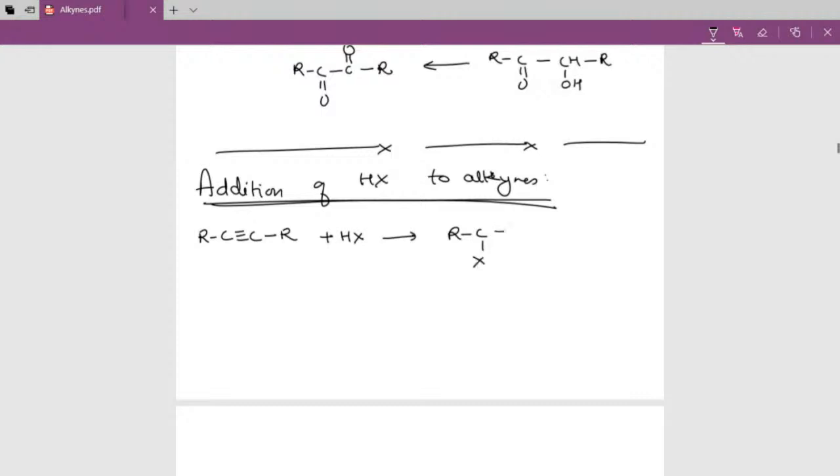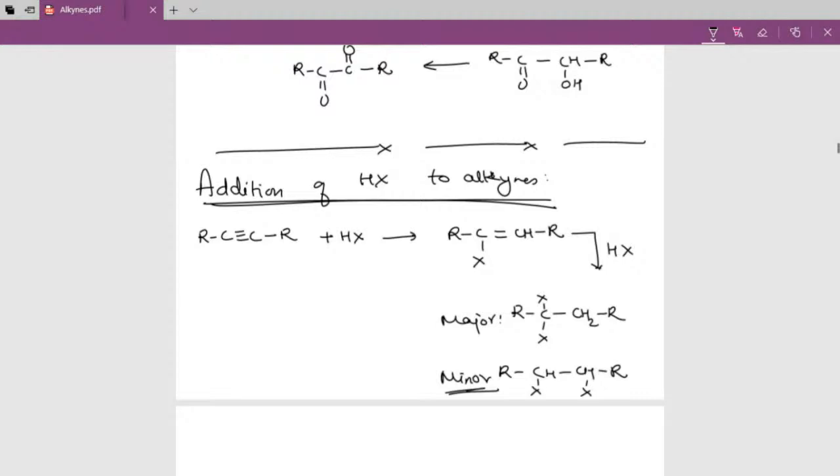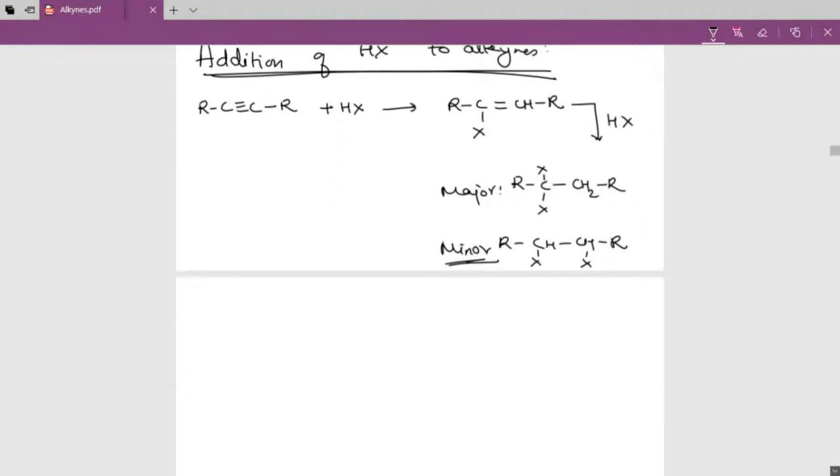So I will have this vinyl halide formed by addition of one HX. Now what would happen if I add one more HX? If I add one more HX, then geminal or vicinal, what should be formed? Well, major is geminal, minor is vicinal, which some of you might be confused about. Why and how? Let me explain.